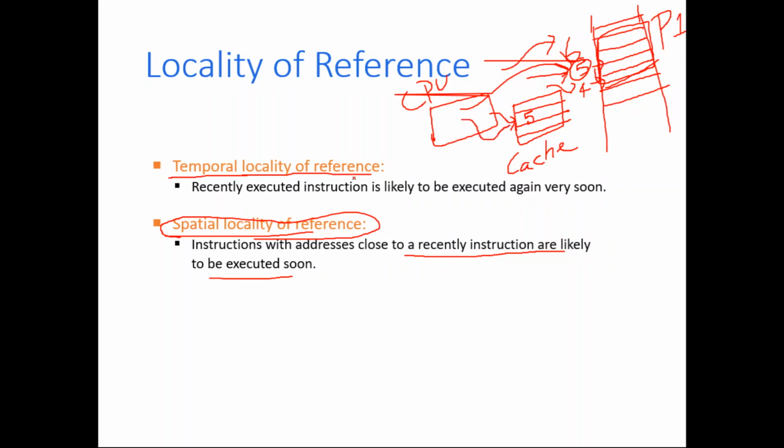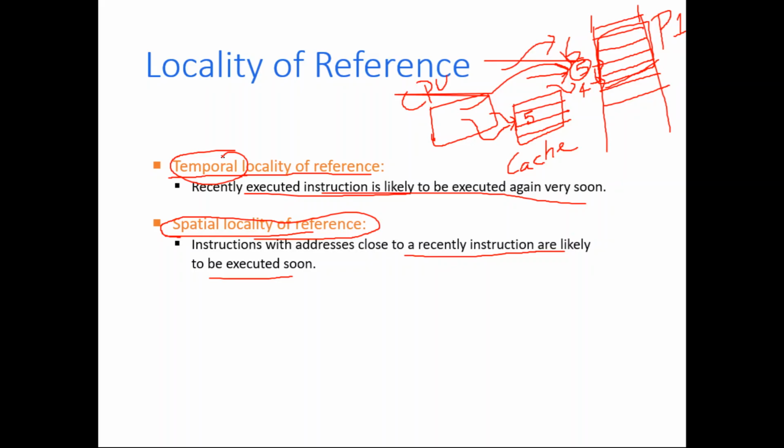This concept is called temporal locality of reference. That is, if a particular address is accessed by the processor once, then it is highly likely that it may access it again very soon. Recently executed instructions are likely to be executed again very soon. This concept is called temporal locality.